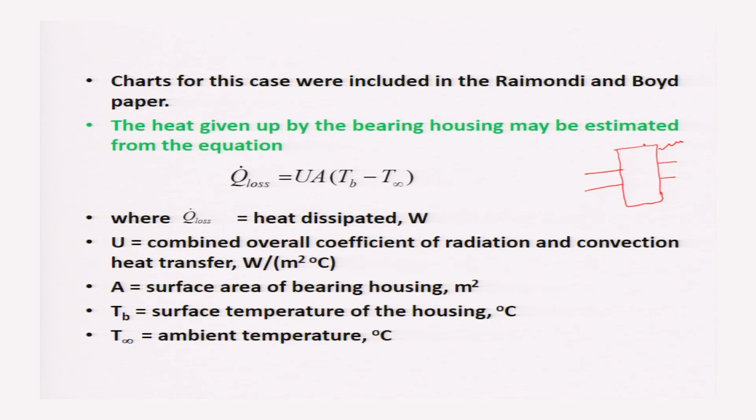So, the housing temperature is T B, or you may say the bearing surface temperature, and so subscript B is used. T infinity is the ambient temperature. As this T B will be more than T infinity, heat will be dissipated from this surface.